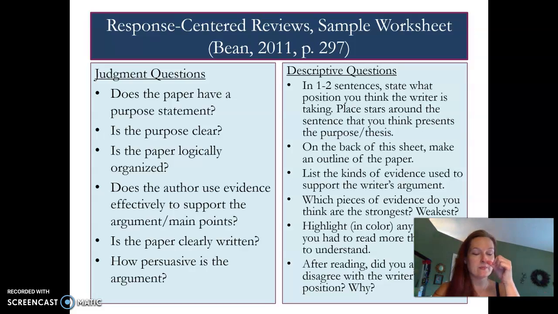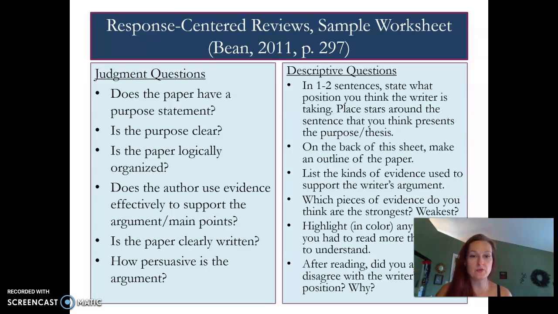And you can elaborate on some of these things, obviously, but they'll kind of start with a yes-no response. And then the descriptive questions on the other side, in 1 to 2 sentences, state what position you think the writer is taking. Place stars around the sentence you think presents the purpose or the thesis. I love that one. On the back of this sheet, make an outline of the paper. Oh, such a good exercise. I love outlining already written drafts.